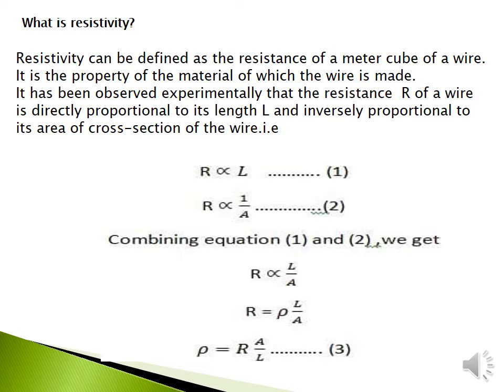This is the formula for resistivity. Resistivity is also called specific resistance of a material. The constant here is the specific resistance or resistivity of a material. The resistivity is always expressed by the letter rho.